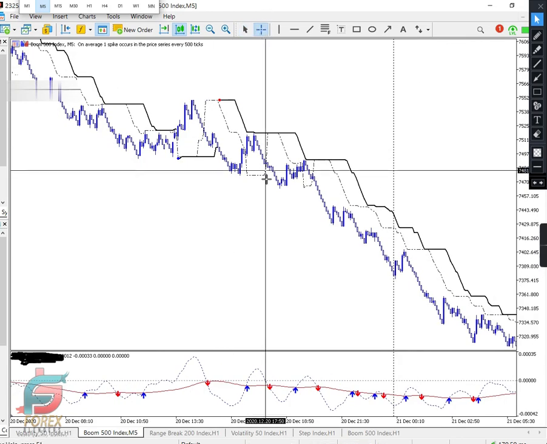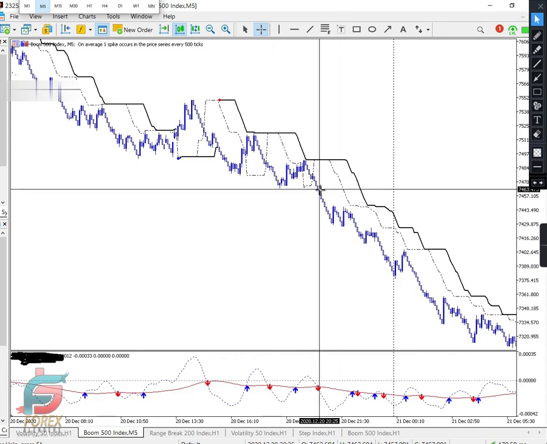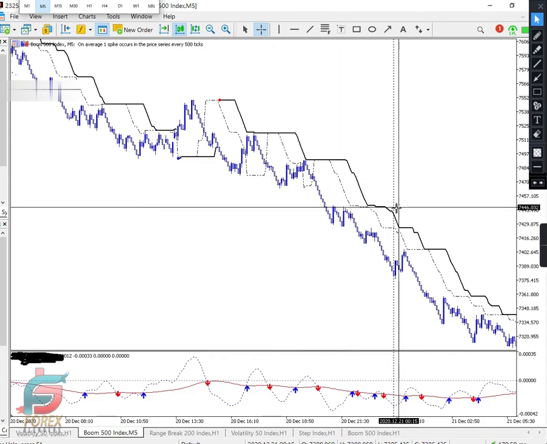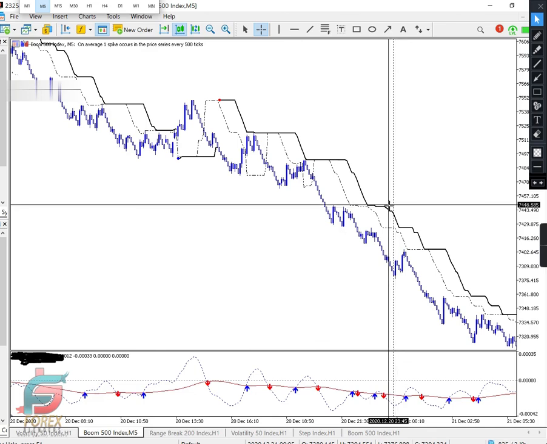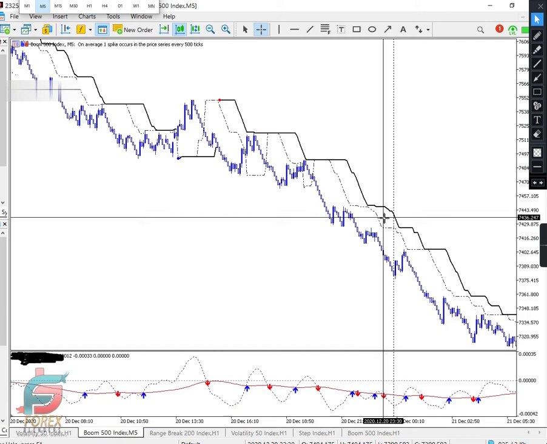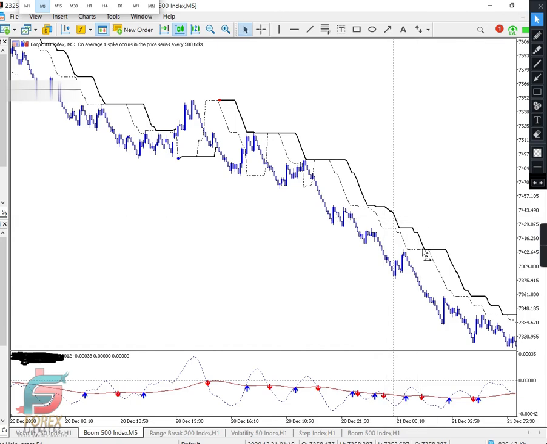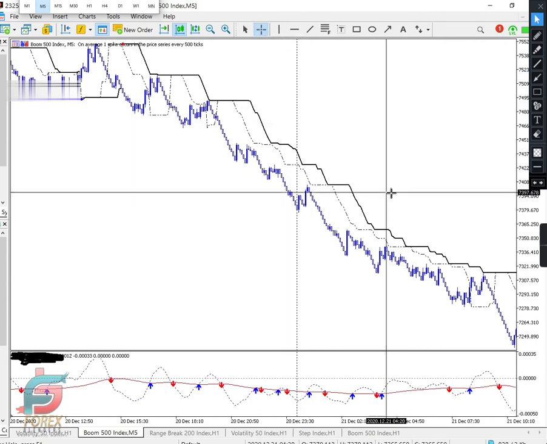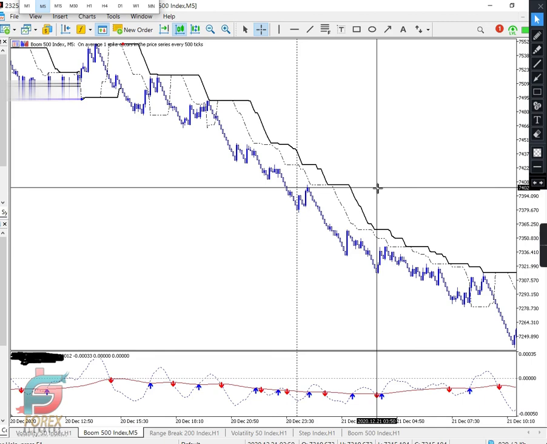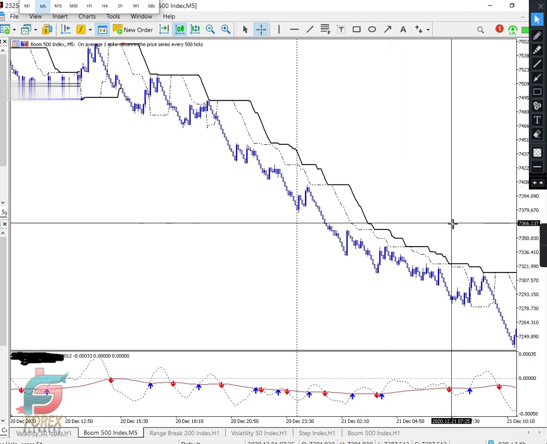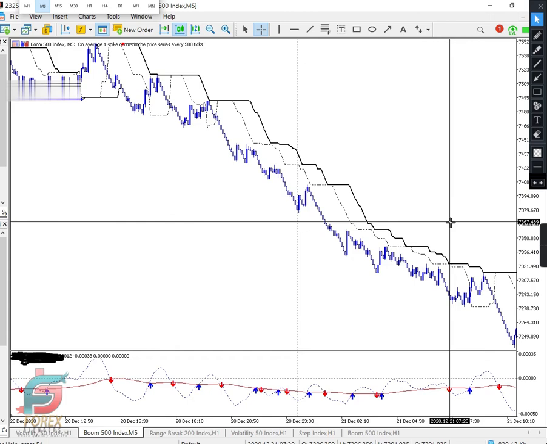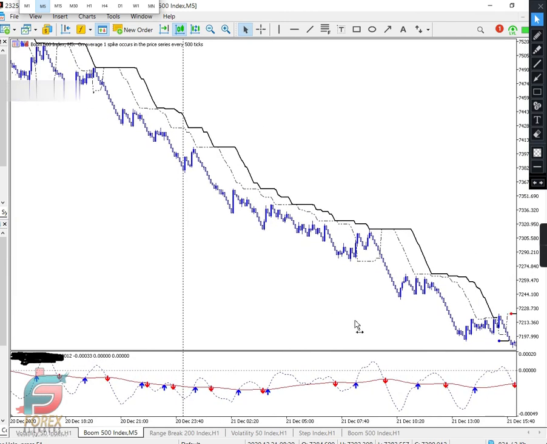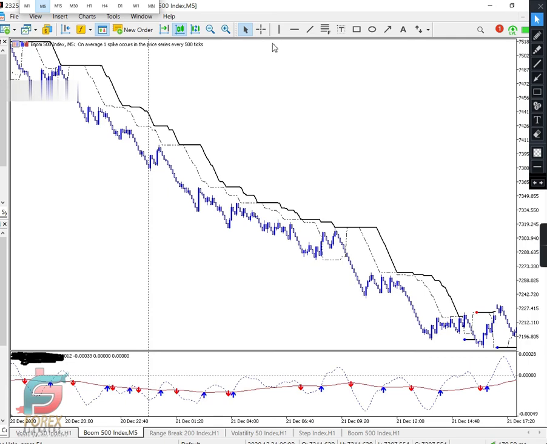Then we got another sell signal here, another here, another here, and because the market is dropping, you just need to take all those sell signals until the market reverses. Take another sell signal there, and another there. You can see the market still dropped. Take another sell signal there. The market still dropped. Take another sell signal. So that's around 10 successive signals, almost 11.